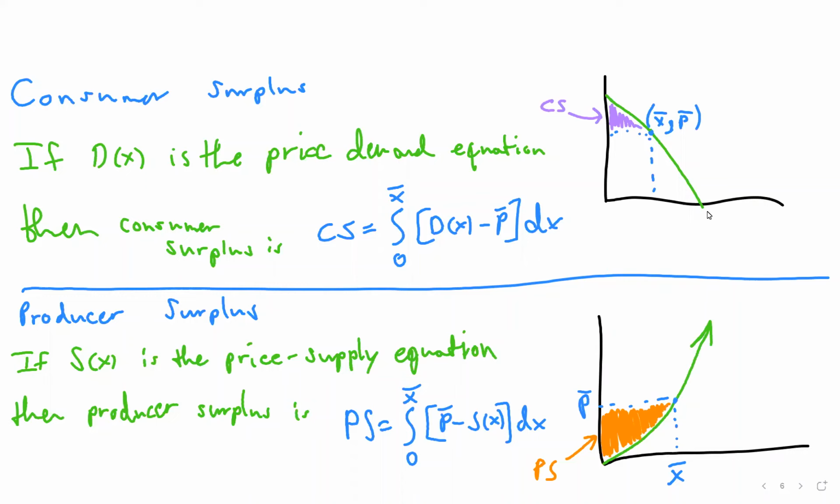So if you take the integral from a particular point that you've chosen, some x bar, p bar for this case, and you integrate over the price demand equation minus your p bar from 0 to x bar with respect to dx, then that would give you this area, and you can see it up here on the graph of where your customers are willing to pay more, but you're only charging them at the p bar price.